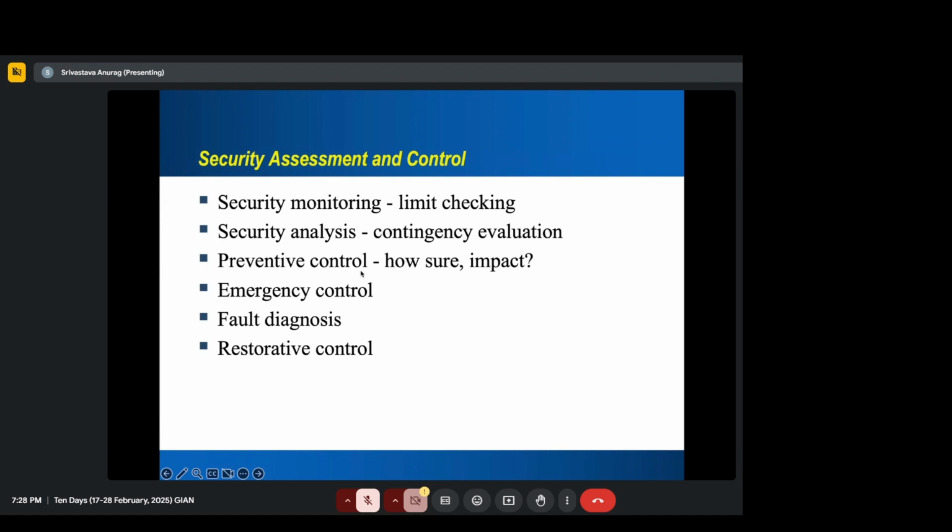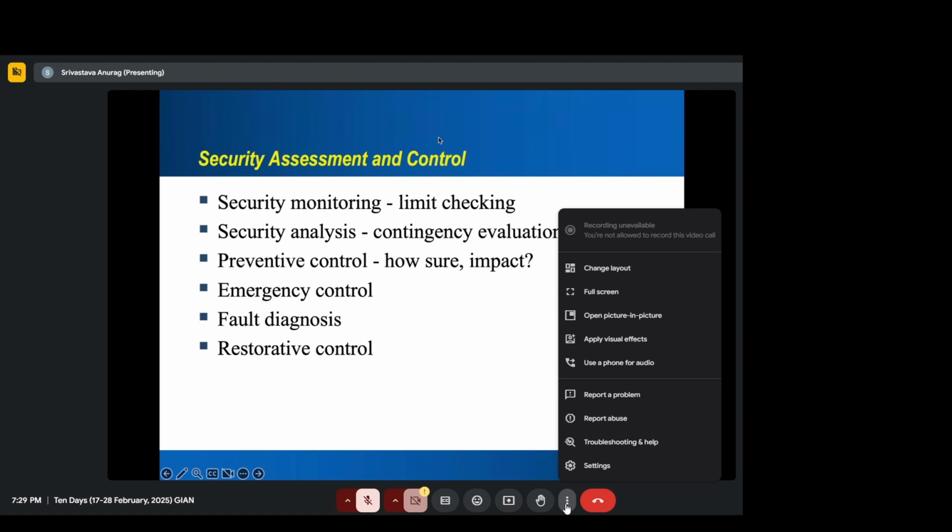Based on that, we decide whether we need to take preventive control because this results in a violation or not. And then we need to be prepared, if it happens, for what emergency control we can take. Sometimes we need enough time to determine which contingency happened and why it happened, which is called diagnosis, and then take restorative control to bring the system back to normal.